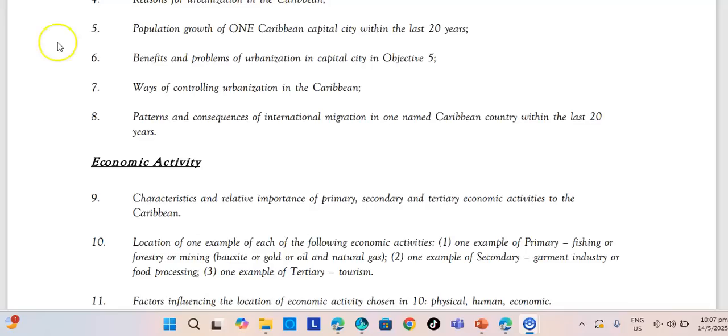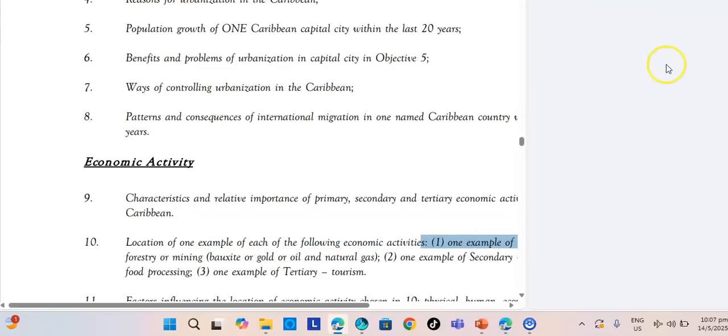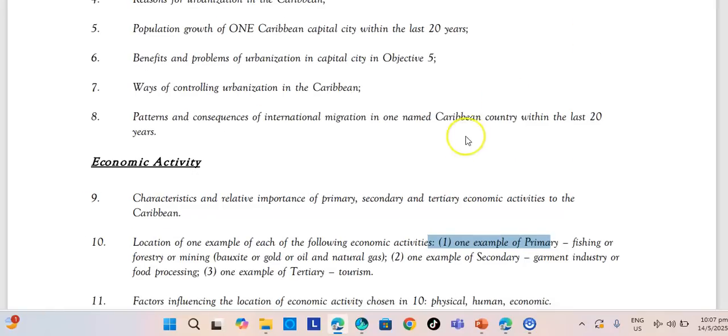All right, so we're going to look at the location of one example of each of the following economic activities. And we did this already, but we're just following the syllabus. We're going to look at one example of primary. So if the syllabus asks you to list one example of primary economic activity, you're going to refer to fishing, forestry, or mining.